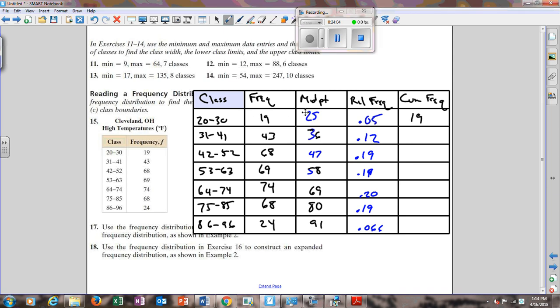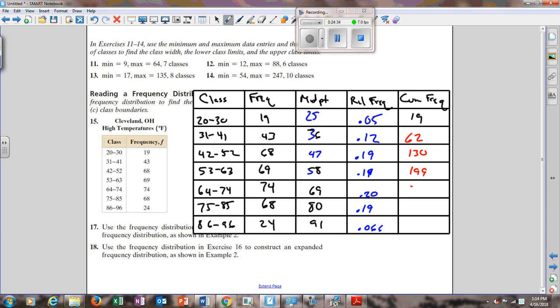First one is 19. Then you do 19 plus 43. Gives you 62. Then you do 62 plus 68. Gives you 130. Then you add 69. Gives you 199. Add 74.